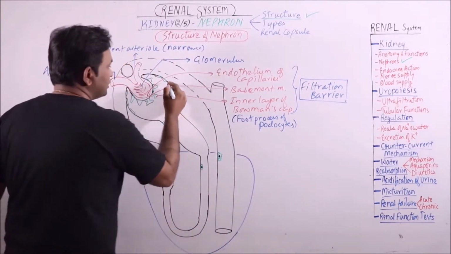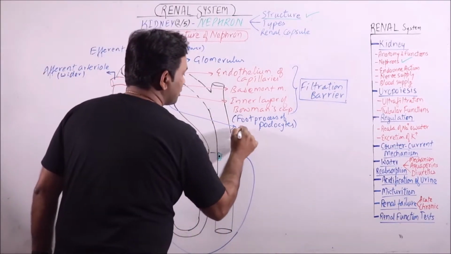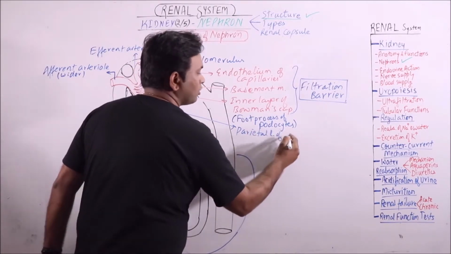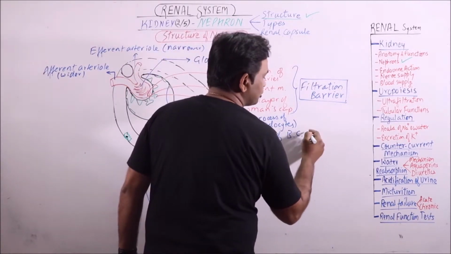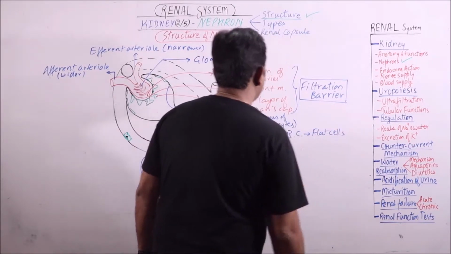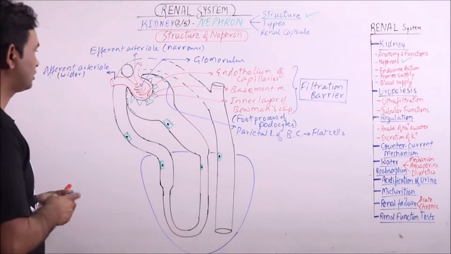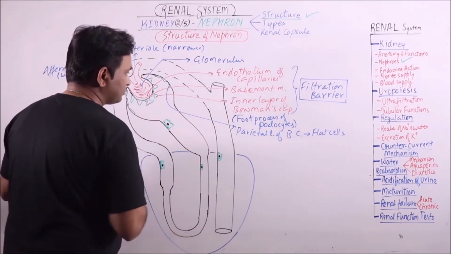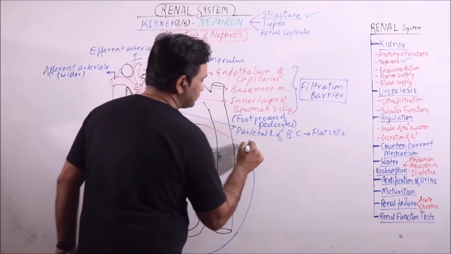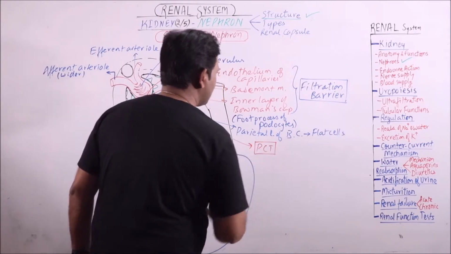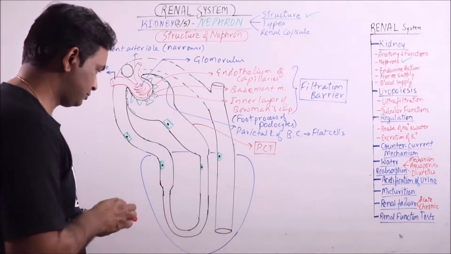Then this is the parietal layer of Bowman's capsule, which is made up of flat cells. Then this structure is known as PCT. This is PCT, that is proximal convoluted tubule.